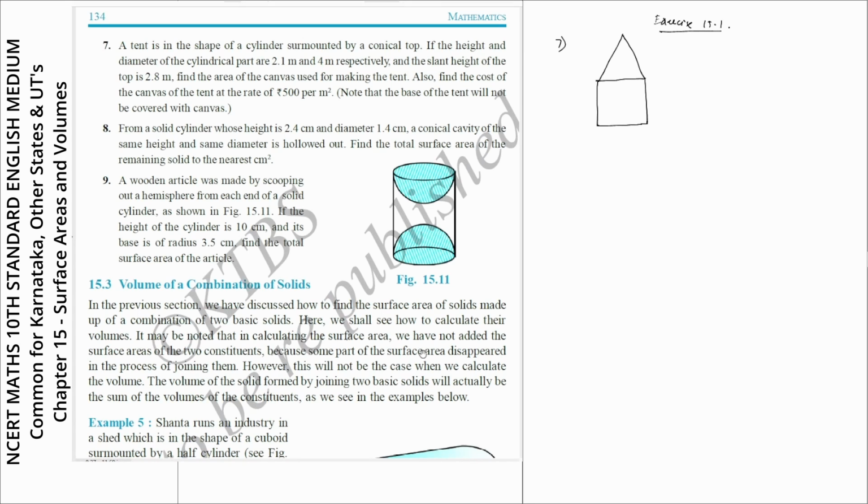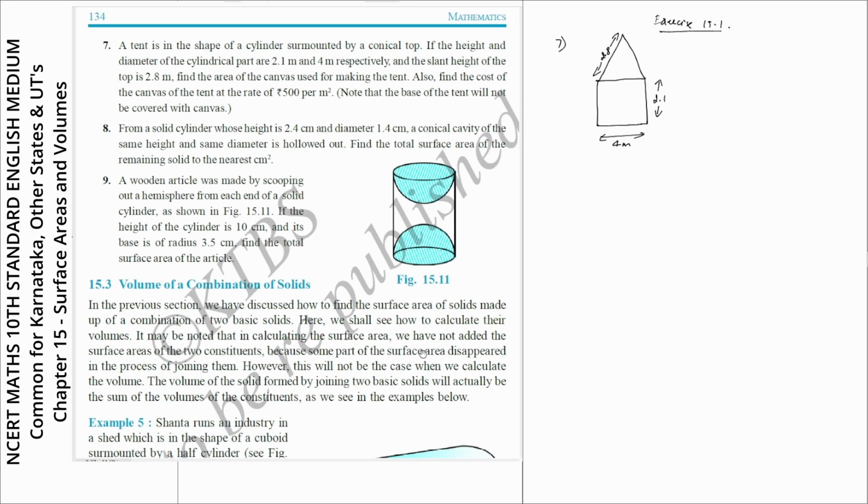Given that the height of the cylinder is 2.1 meter and the diameter is 4 meter, and the slant height of the conical top is 2.8 meter, this side, this is the slant height 2.8 meter. Now find the area and the cost of the cloth used for the tent.